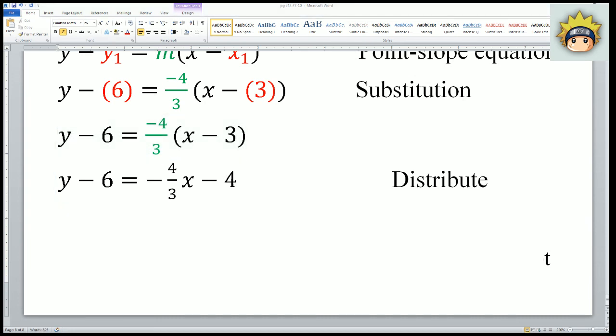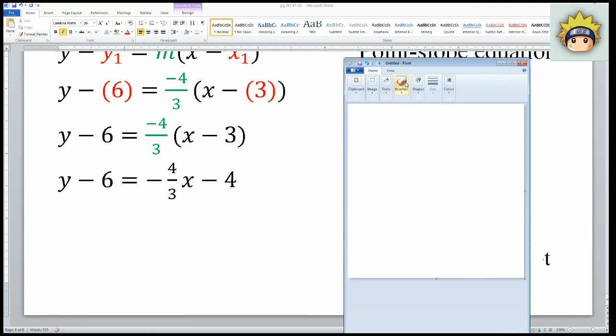Some of you would like to see that, so I can show you that. Okay, again, if you want to make your life easier, just get a calculator and let your calculator do it for you. Negative 4 over 3 times negative 3 over 1. Negative 4 times negative 3 is positive 12 divided by 3, right?